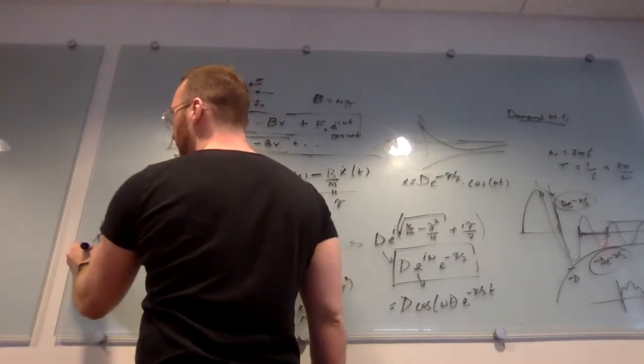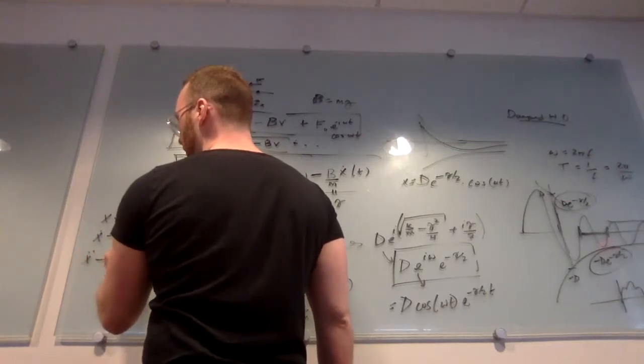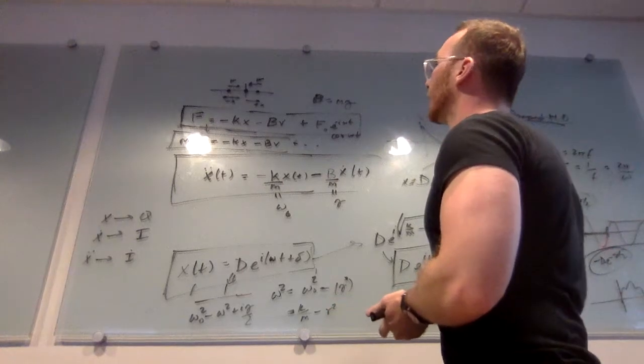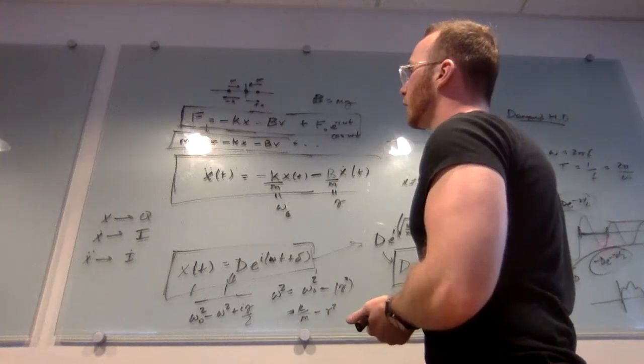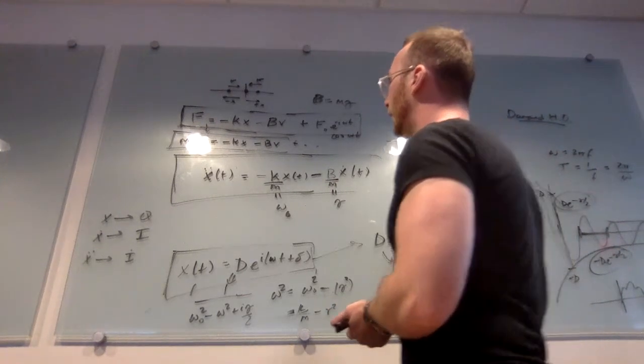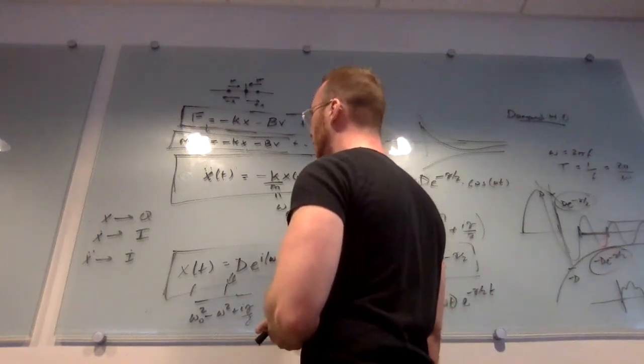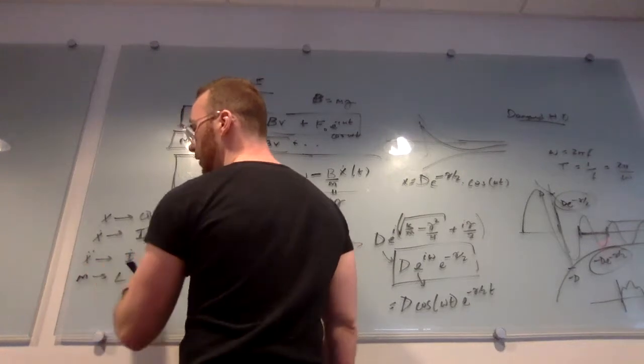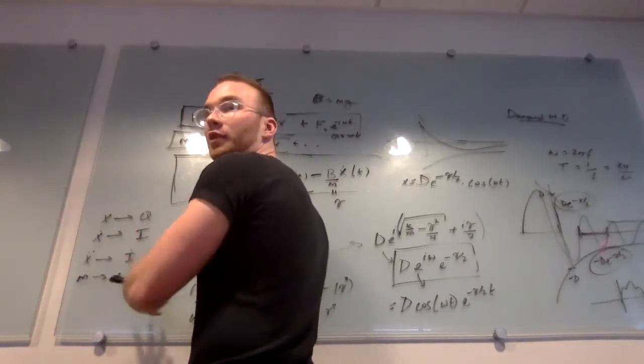And you replace this with I dot, and you replace what else? M is inductance. No one knows what that means, so it doesn't matter.